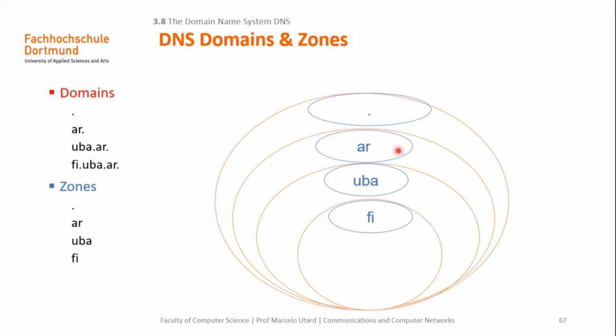And that is, in fact, the difference between the concept of domain, that is, a domain is a subtree. For instance, uba.ar is a subtree, but the administrative entity that administers uba.ar is not the administrative entity of the fi.uba.ar.